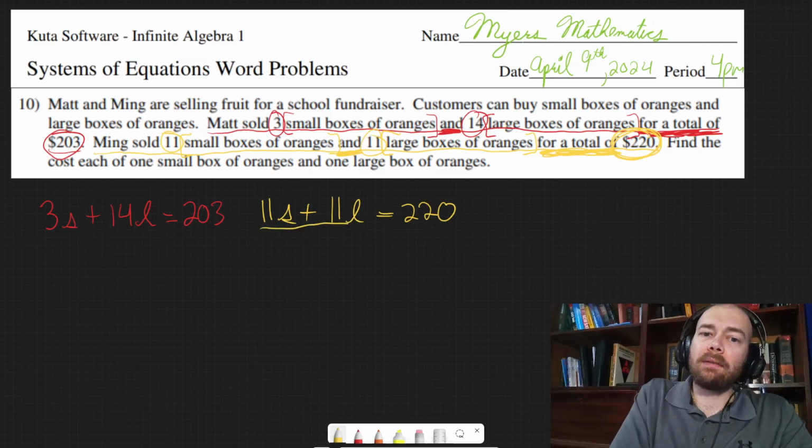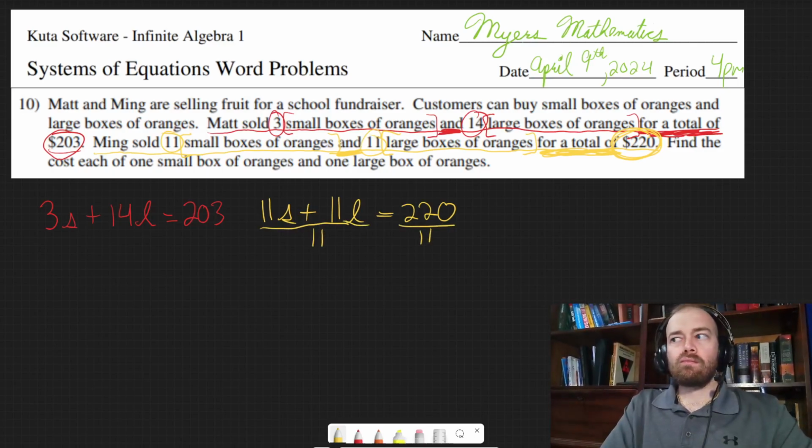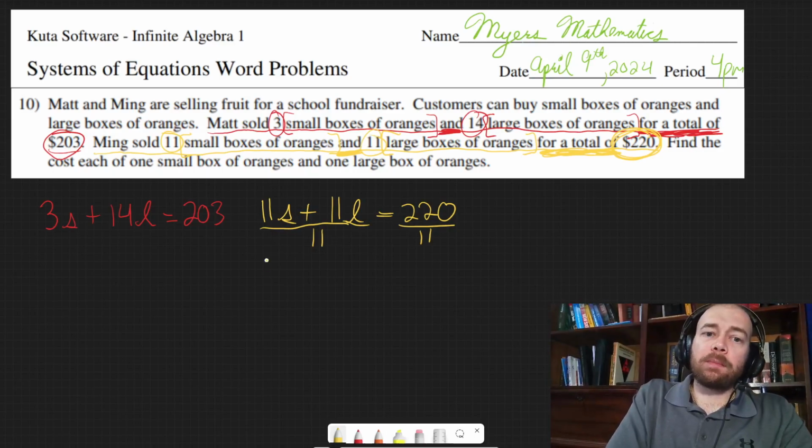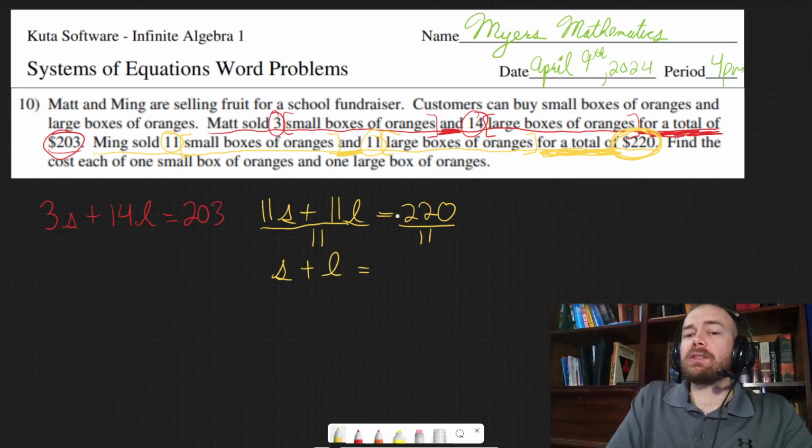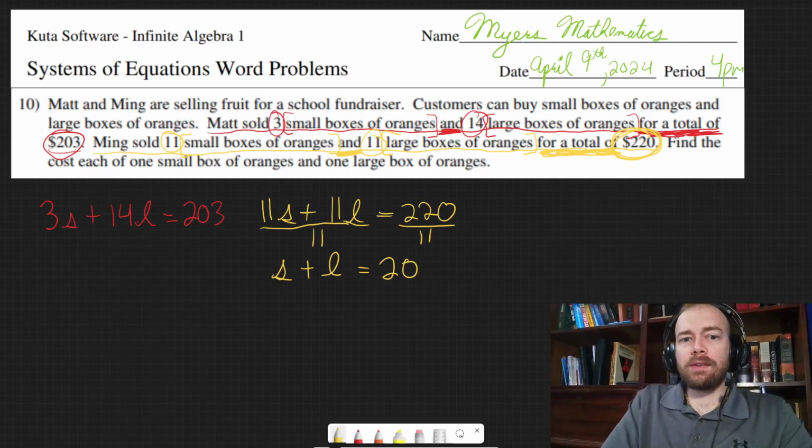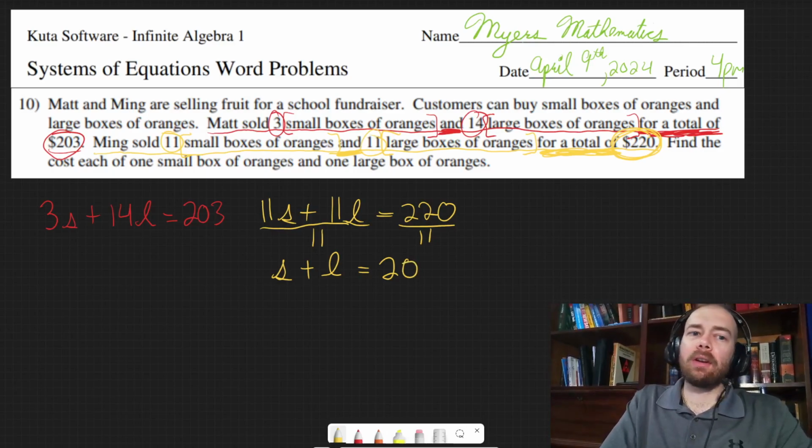So 11 over 11 is 1, so 1S, or just S. 11 over 11 is 1 again, so 1L, or just L. 220 divided by 11 is 20. That's going to make our lives easier because now the numbers are smaller.